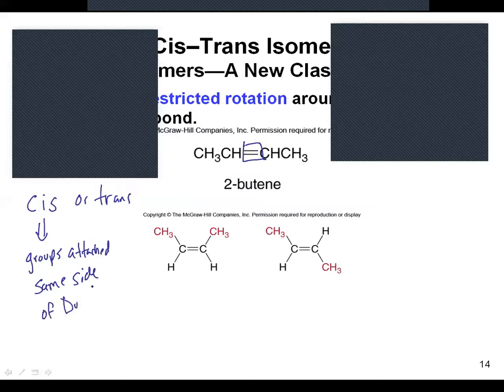So they are on the same side of the double bond. And the double bond is the most important thing when you're trying to identify cis or trans isomers. Trans is pretty much the opposite, and that's basically what it means as well. It means that those groups attached to the double bond are on opposite sides of the double bond.